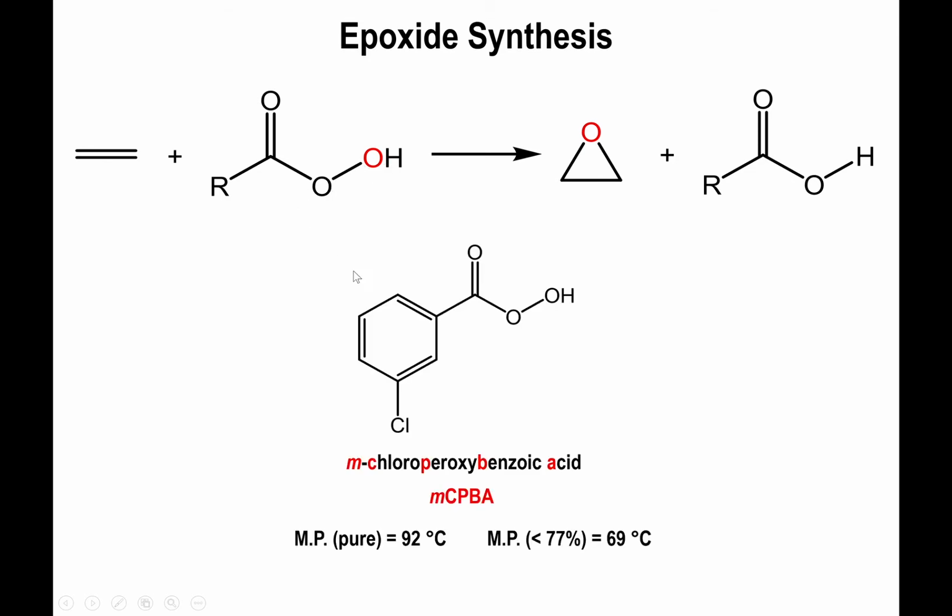The more commonly used one is MCPBA, or m-chloroperoxybenzoic acid, simply because this happens to be a solid at room temperature. It's easy to measure and handle as well as store. So you can add this particular peroxy acid to ethylene, and this will produce your epoxide ring.